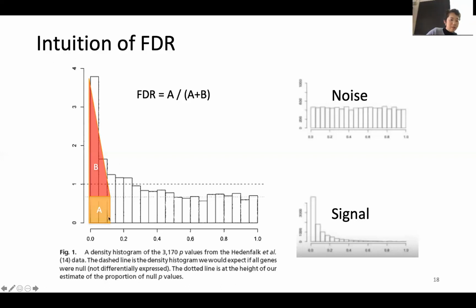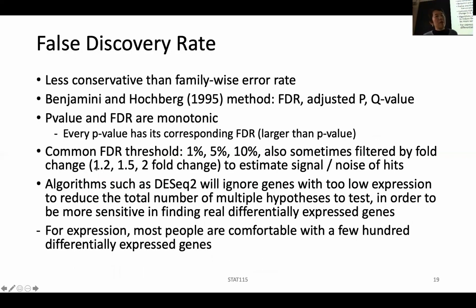Because p-value is basically whatever cutoff you have, but below that, there are always some that are fake. And so FDR is basically a less conservative way to do multiple hypothesis correction than the family-wise error rate.